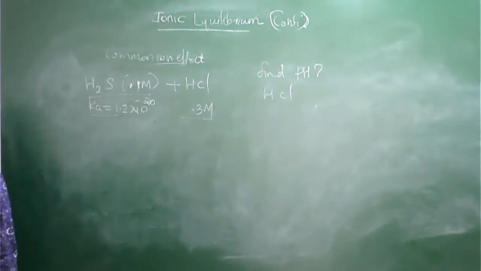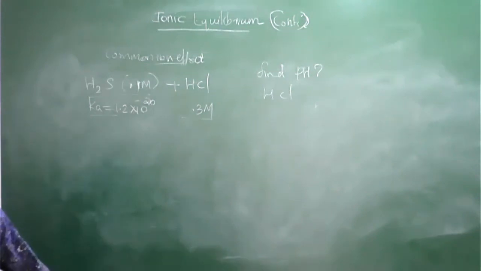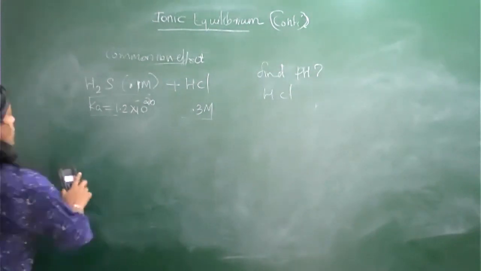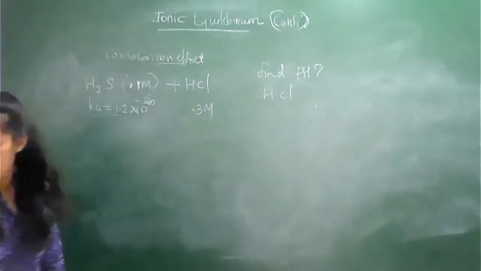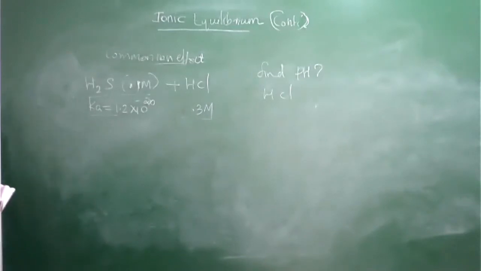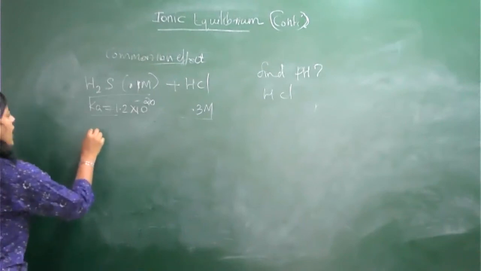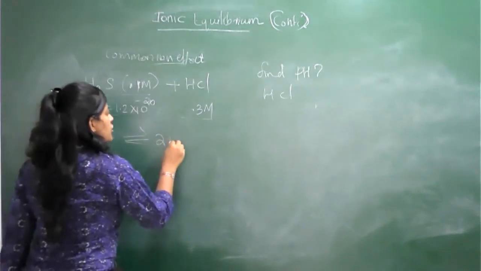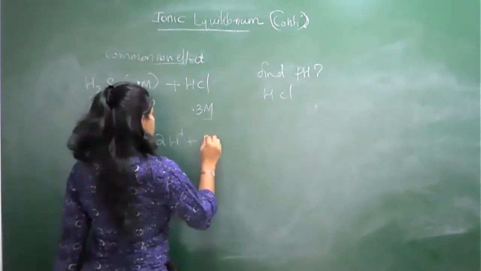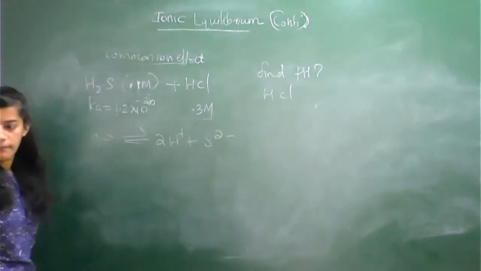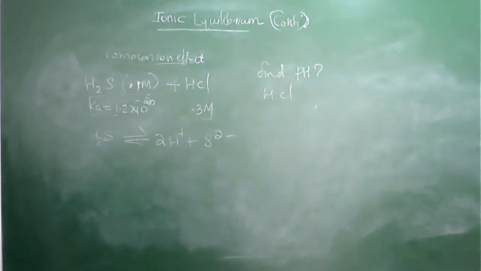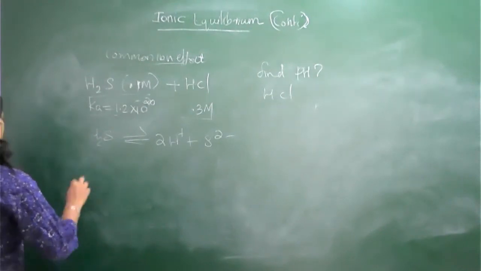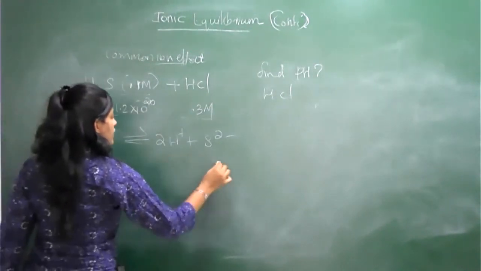Hello, Shreya? Okay, students. This is the problem. So how will we approach this question? H2S, how will it dissociate? It dissociates into 2H plus and S2 minus. This much is clear. Then here C, 0, 0.